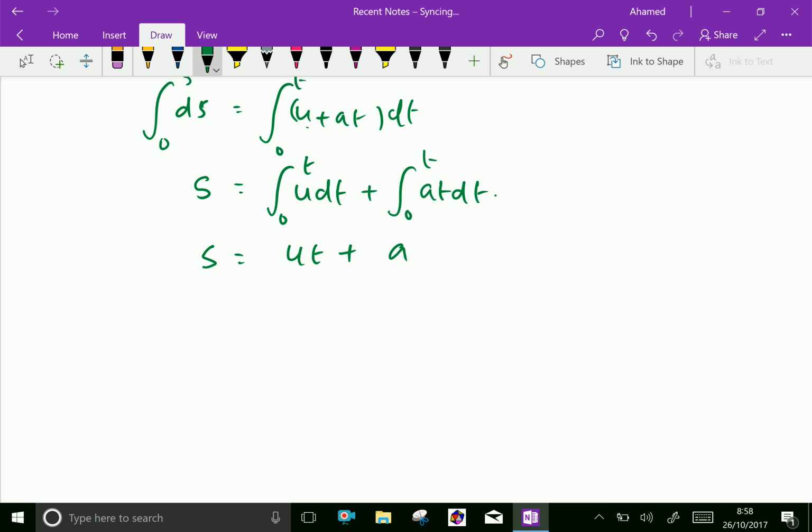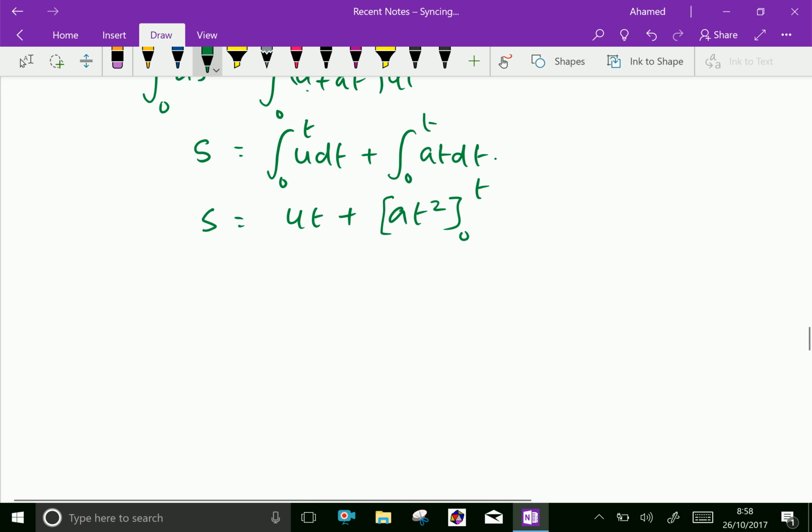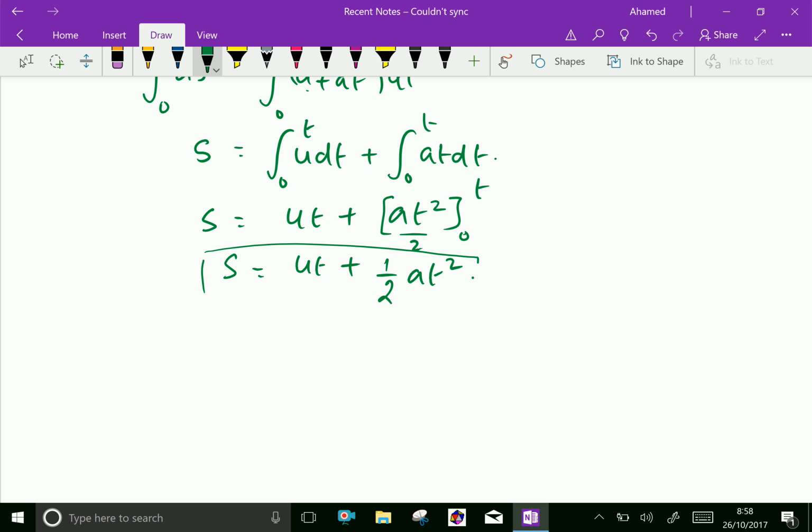Because the integral of at is at squared by 2, we have s equal ut plus half at squared. This is the second equation of motion.